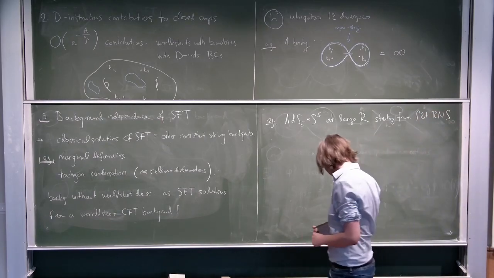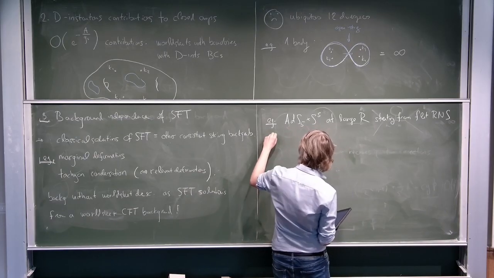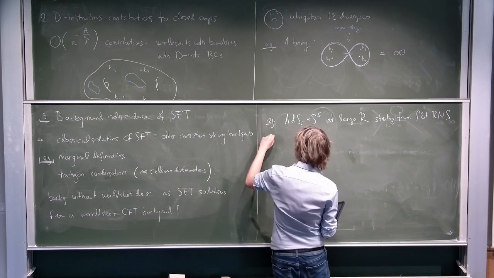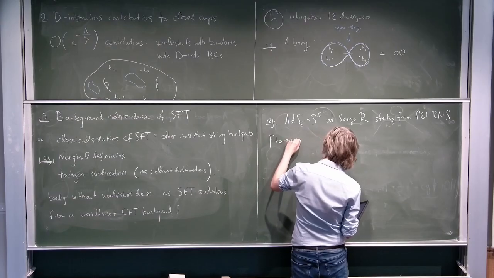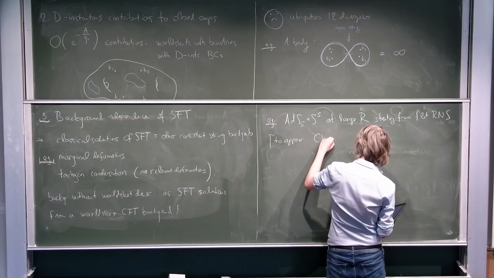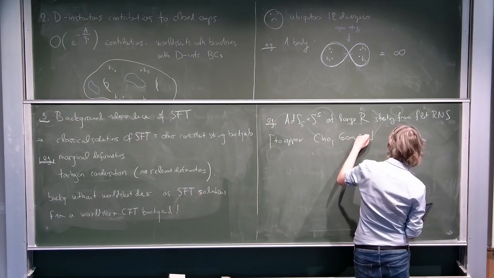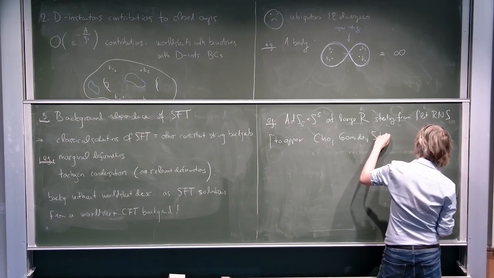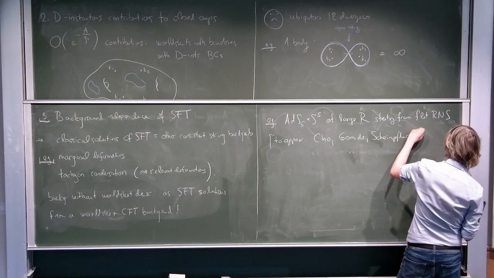And even more recently, they have achieved a complete construction of the solution representing AdS5 cross S5 from flat space. So this is a work which is to appear very, very soon by Minjae Cho, Joao Gomide, Jaroslav Scheinpflug, and Sheng.